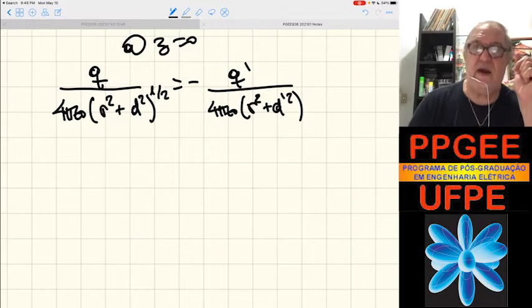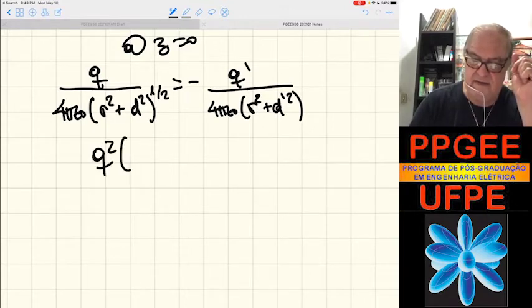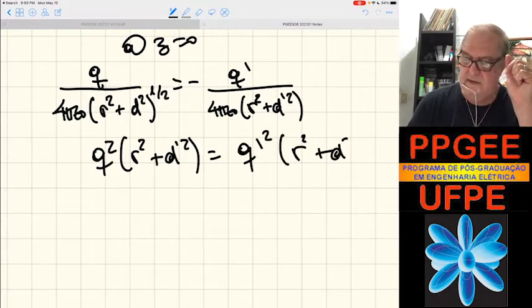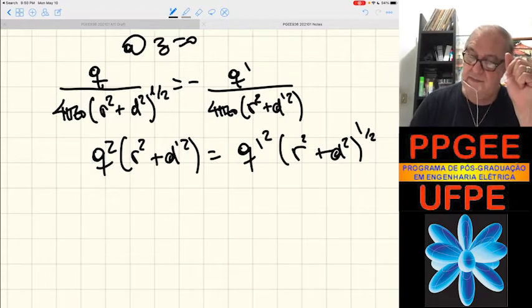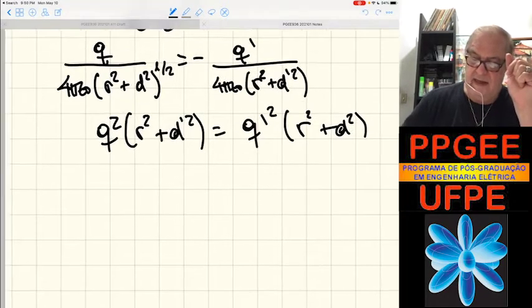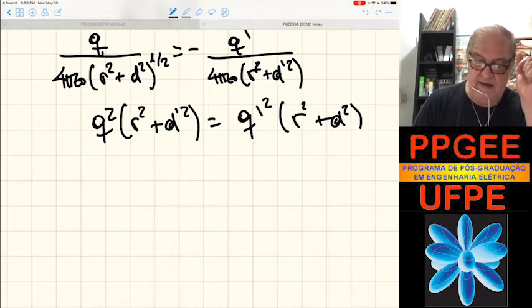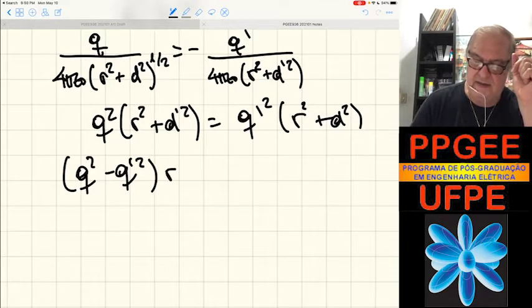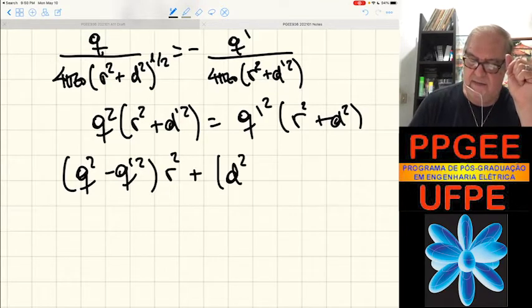Then I can square both members. You're going to end up with Q squared, the sign goes away, so it's Q prime squared times r squared plus d squared. Then we rearrange and have Q squared minus Q prime squared times r squared plus d squared minus d prime squared equals 0.